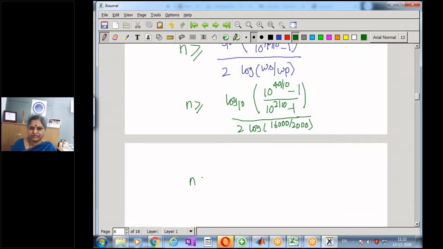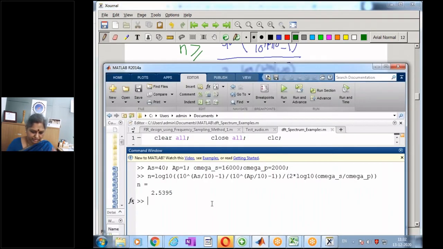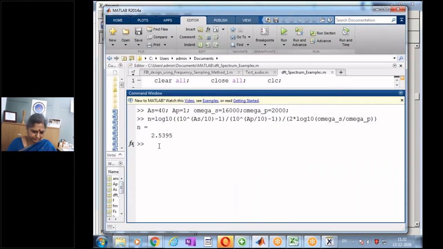So n has to be greater than or equal to this. Of course, we'll use MATLAB. This is going to be log of (10 to the power of 4 minus 1) over (10 to the power of 0.2 minus 1). Let's get the result using MATLAB.